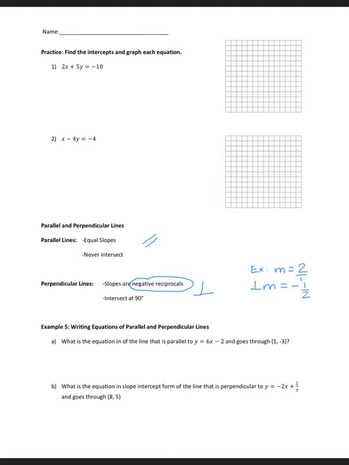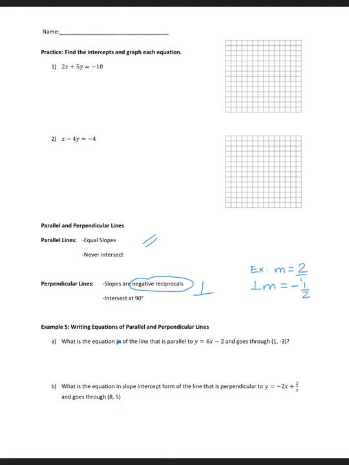So, example 5, writing equations of parallel and perpendicular lines. What is the equation of the line that is parallel to y equals 6x minus 2 and goes through the point 1, negative 3?